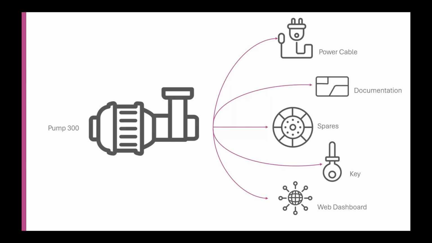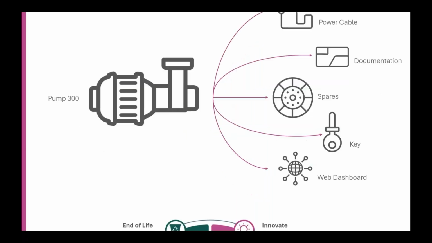And the customer may also get access to a web dashboard where they can monitor and interact with this pump if it's a smart connected product, for example. So all of that is actually what your company designs, sells, and delivers to the customer, and that's what we call the end product. So there's a lot more that goes into it than maybe what the consumer would think of as the product.